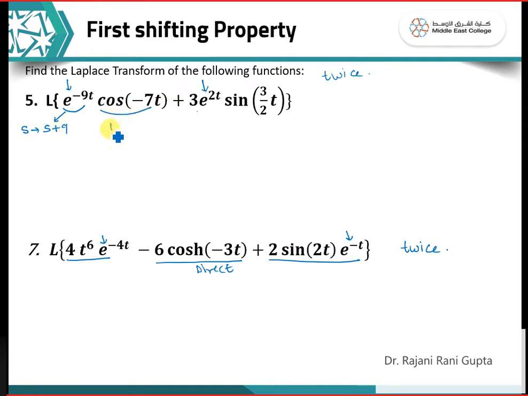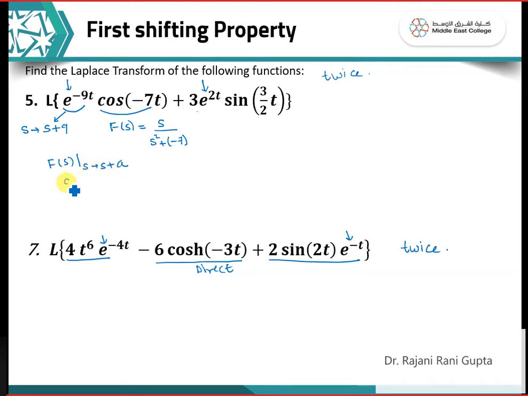This will give you the value of f(s), which for cos is s over a square plus minus 7 square. Now instead of moving to the next term, first complete this one so that you will not get confused. So f(s), s goes to s plus a, this is what we write.